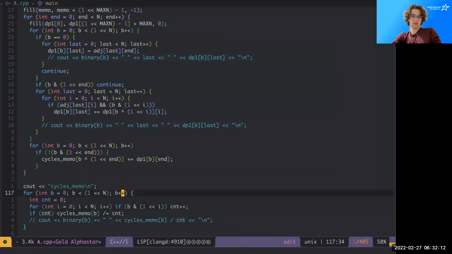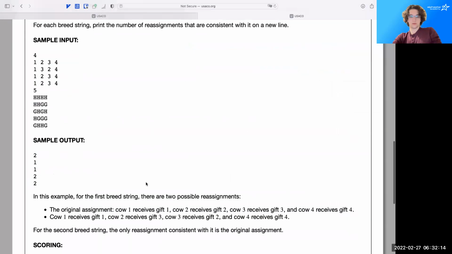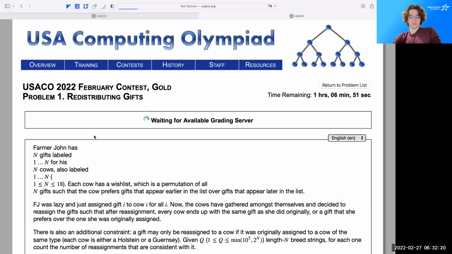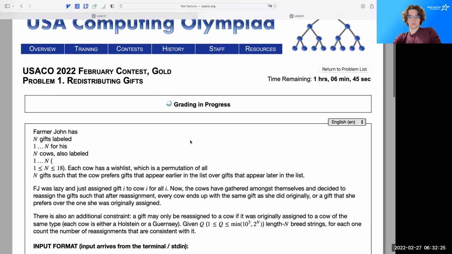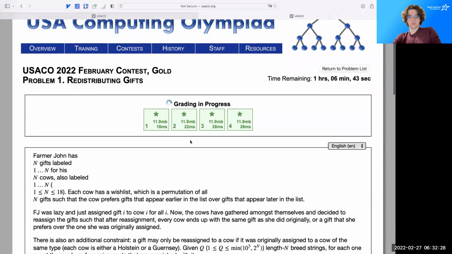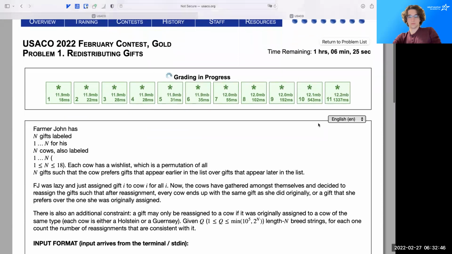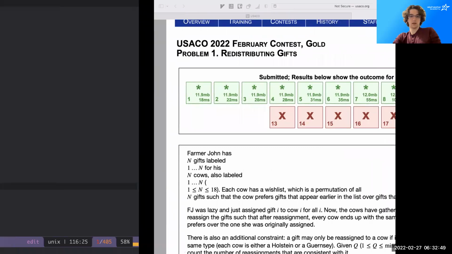Oh, there's still a print. Because we got the same test case 11.